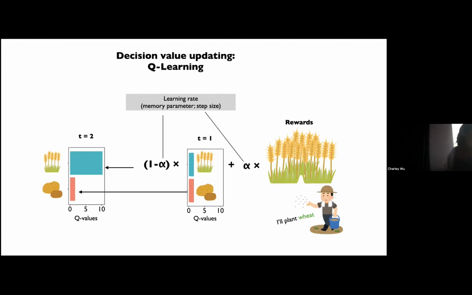This weight is called the learning rate, or sometimes the step size parameter, depending on the discipline. The learning rate takes a value between 0 and 1. So the original Q value and the reward are averaged by a weighted average, and now he has a new updated Q value.